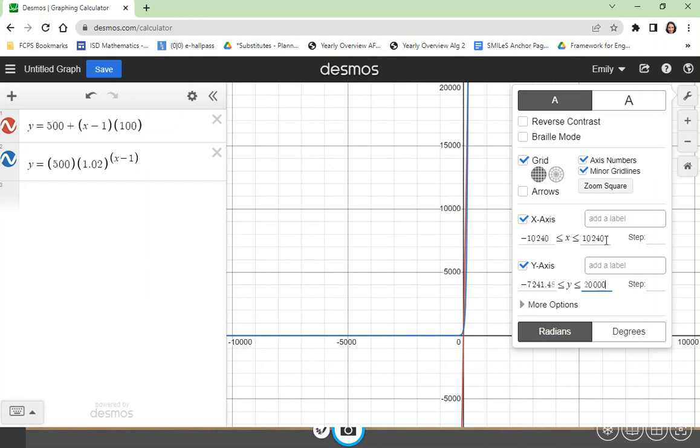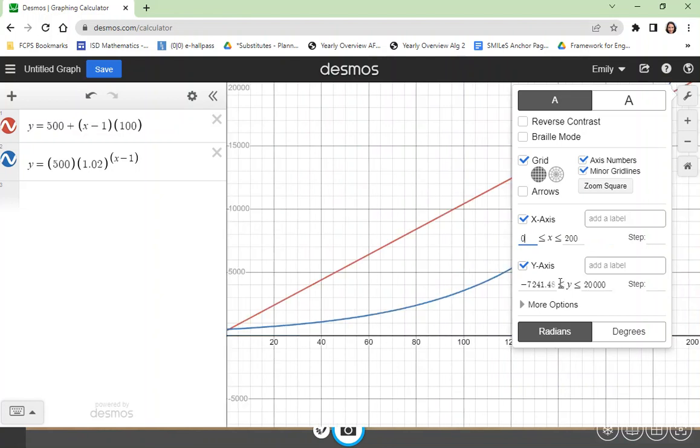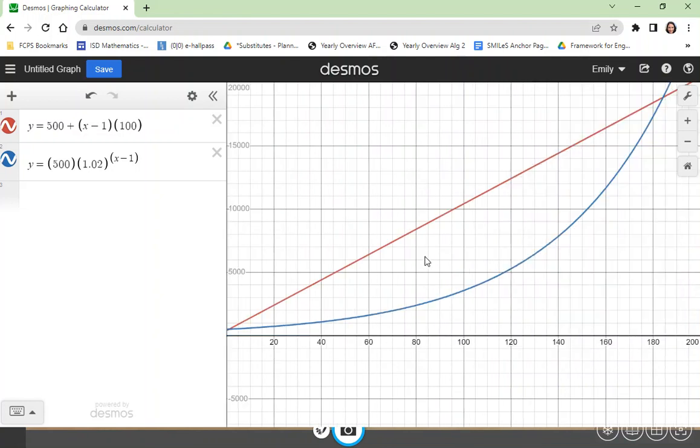And your x's don't have to go that big. Your x's can go to 200. Oops, I don't know what I did there. All right, I'm starting to see something that looks normal. So now you see a graph that looks kind of like the one I graphed up there.